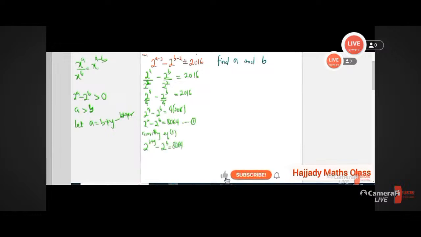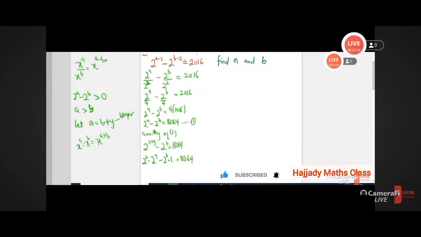Using the law of indices that says s raised to power a times s raised to power b is the same thing as s raised to power a plus b, here I'm going to have 2 raised to power b times 2 raised to power y minus 2 raised to power b times 1 equals 8064.